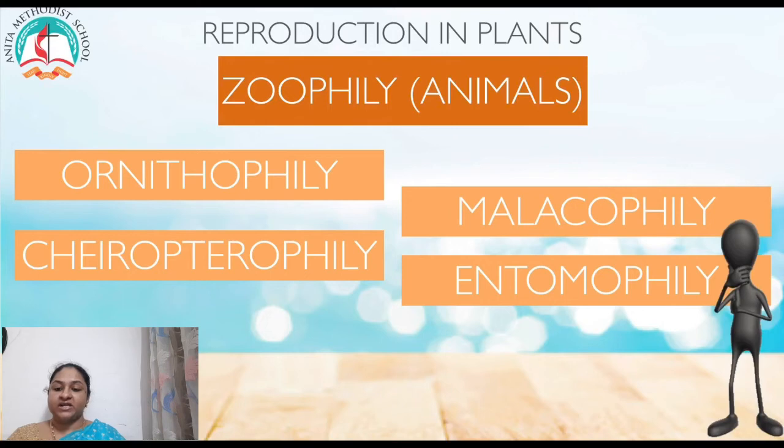Okay. And entomophily is pollination by insects. Pollination by ants, we have learnt many times, is myrmecophily. Okay. Then we move on to fertilization.